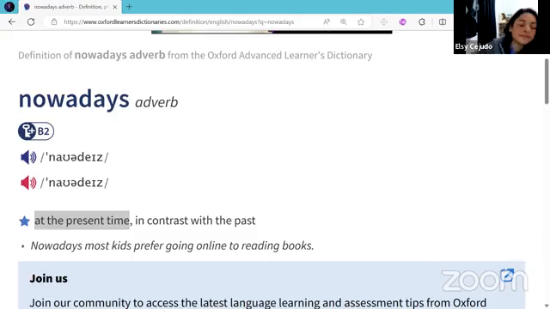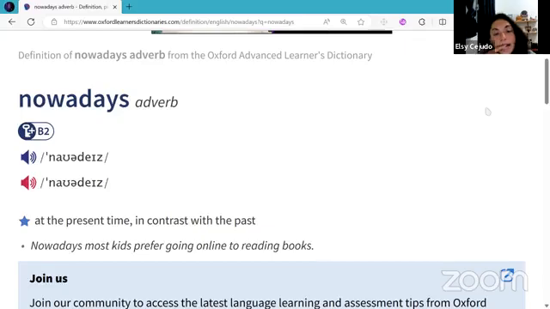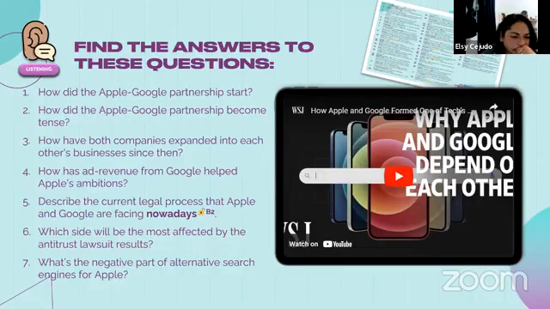But the real expression is now. Nowadays. That's correct. In my vocabulary, I wrote it wrong. Oh, okay. We need to change that. Yes. Definitely. Okay. Right, number 6.